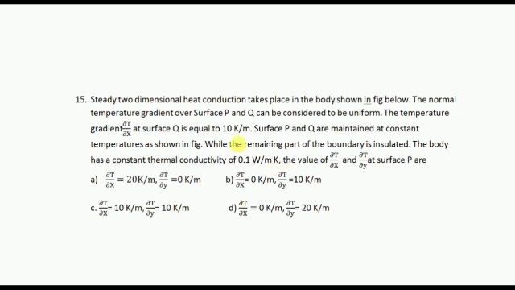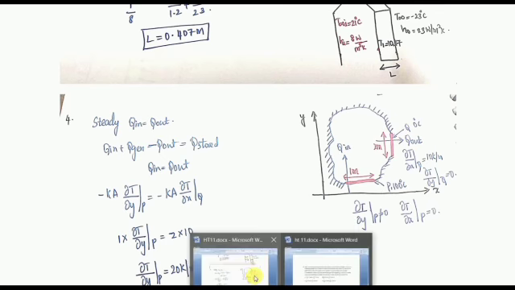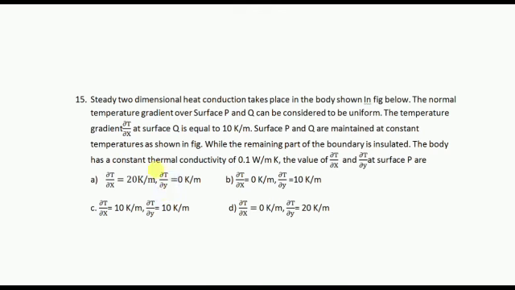Now, the remaining part of the boundary is insulated. Everything is insulated, which means heat will only come in here and go out here. Now, the body has constant thermal conductivity K, given as 0.1 watt per meter Kelvin.